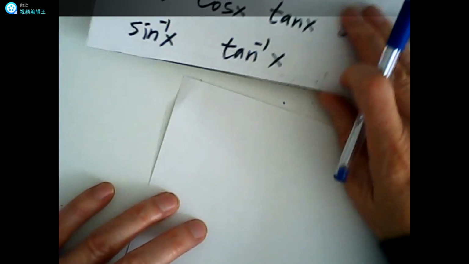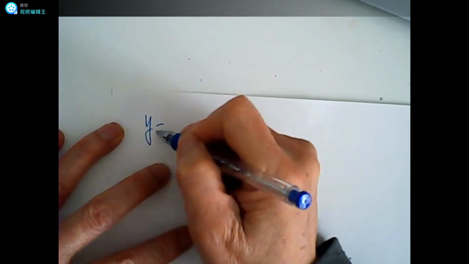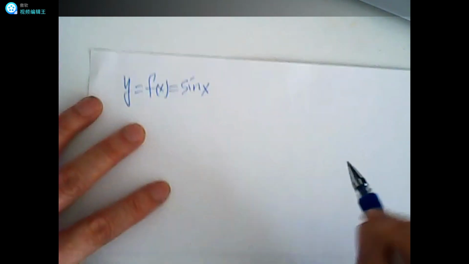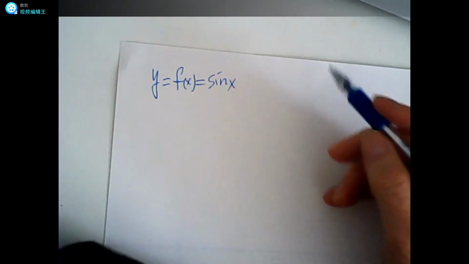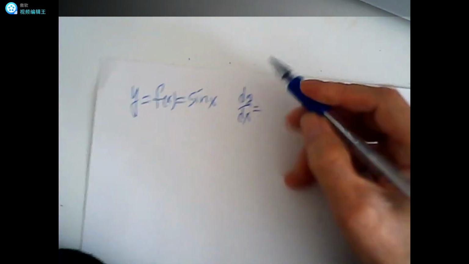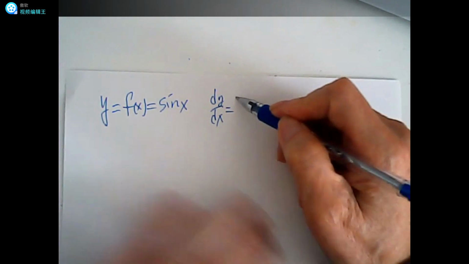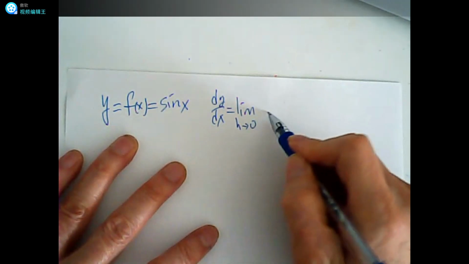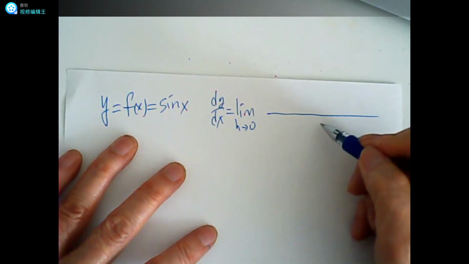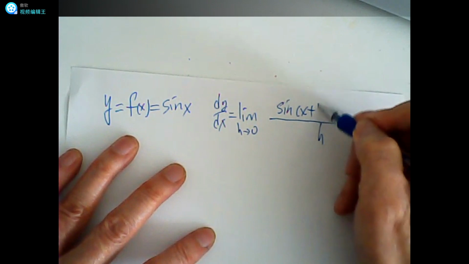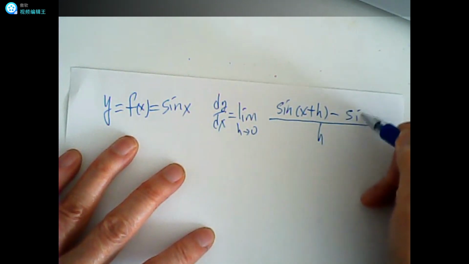So one by one. Sine first. y equals f of x equals sine x. We try to find the derivative of y with respect to x. dy/dx is equal to the limit as h goes to 0 of sine of x plus h minus sine x, over h.